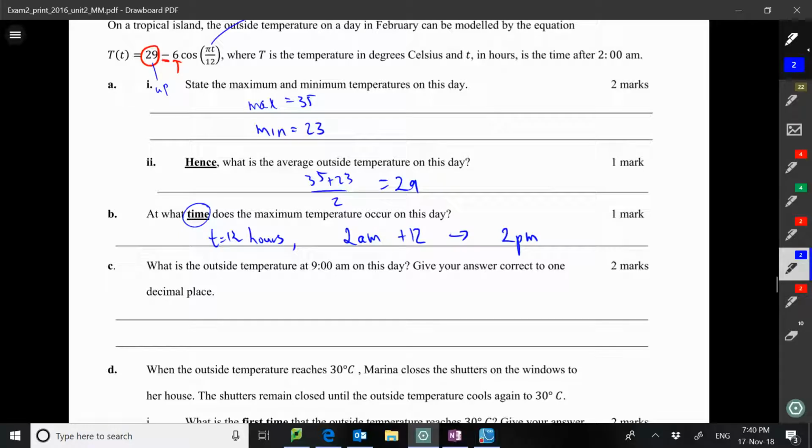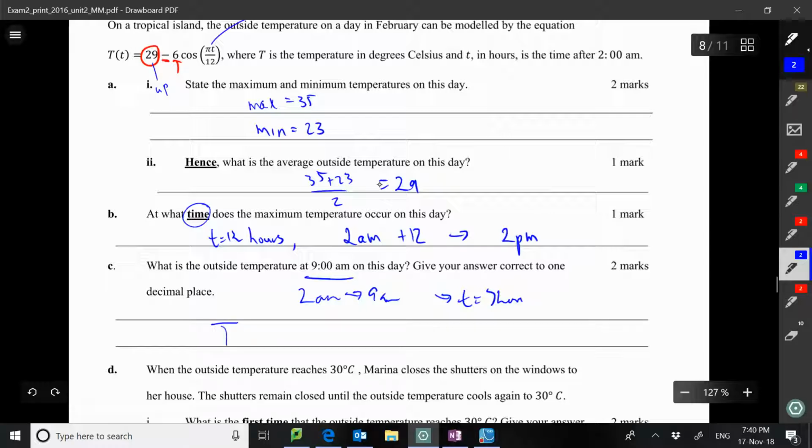What is the outside temperature? And because it's on this day, in a day there's 24 hours, so 2 p.m. finishes there. What is the outside temperature at 9 a.m. on this day? So from 2 a.m. to 9 a.m., that's a span of T equals 7 hours. So really, they're just asking what the temperature is if T equals 7.